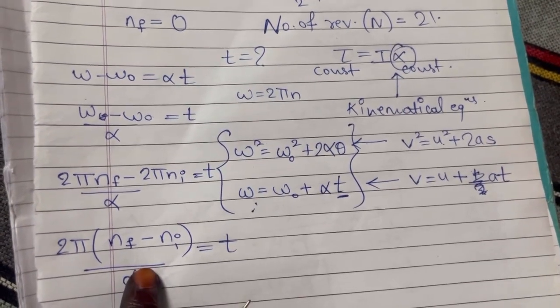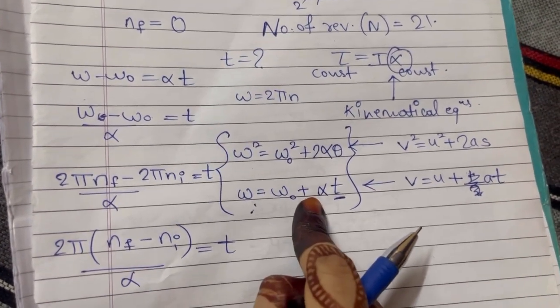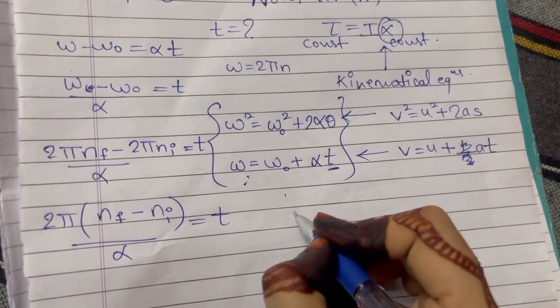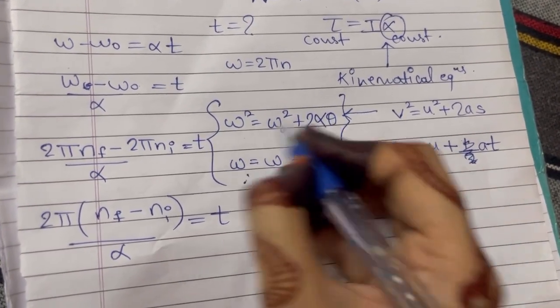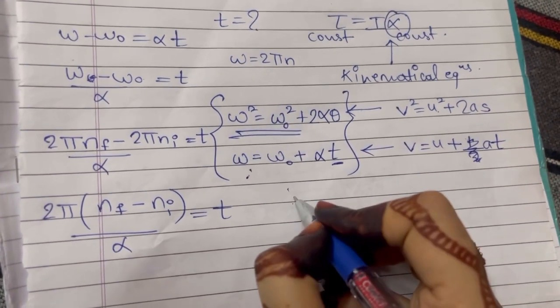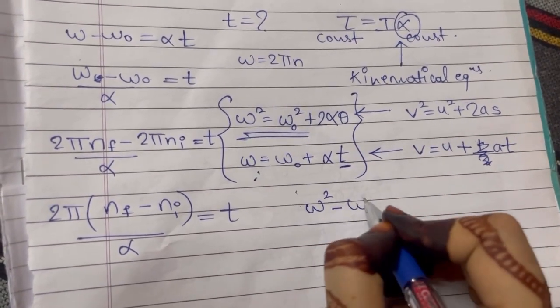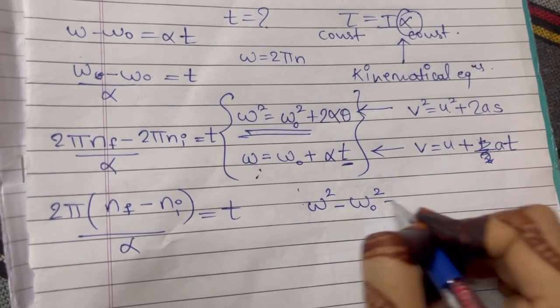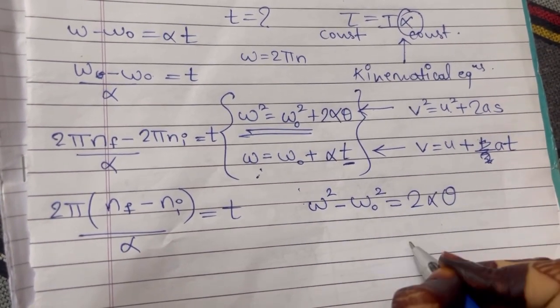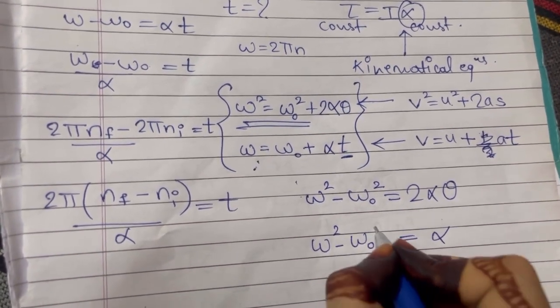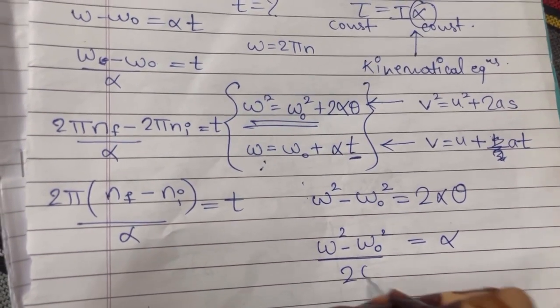Now to calculate the value of alpha, we'll go to the second kinematical equation, that is omega square minus omega naught square, which is equal to 2 alpha theta. So I'll keep alpha on one side: omega square minus omega naught square upon 2 theta.